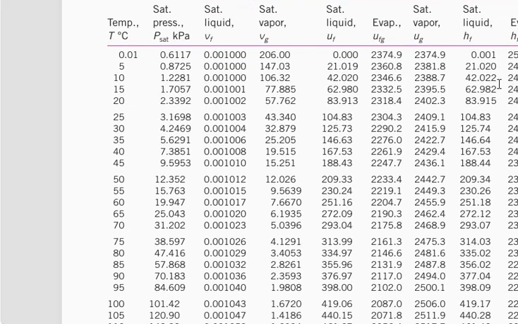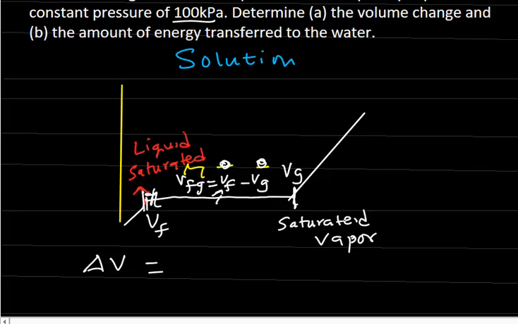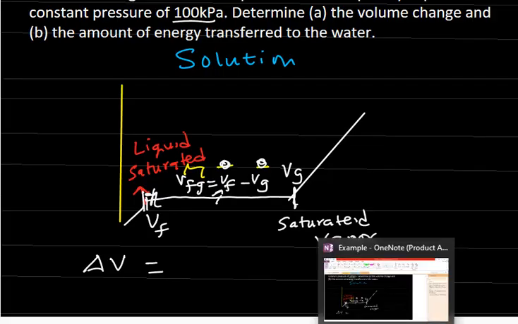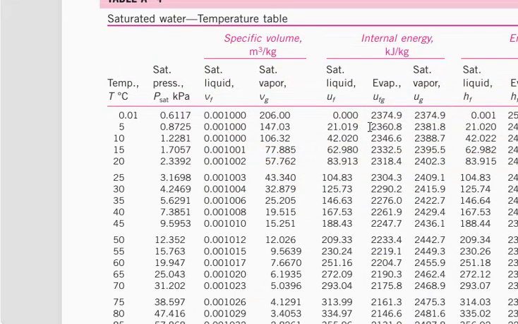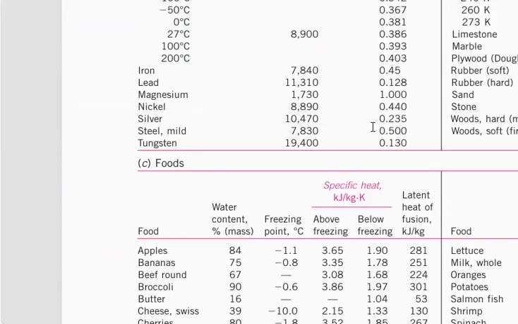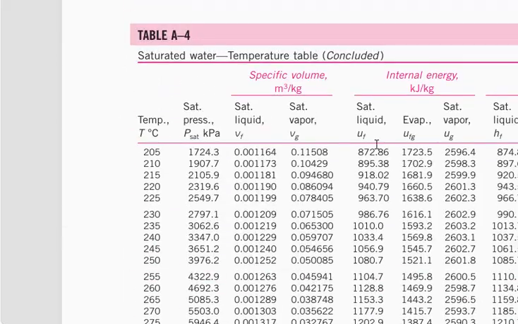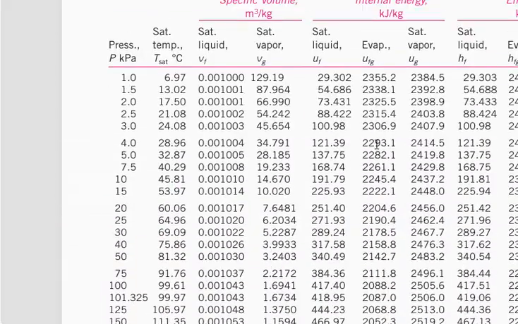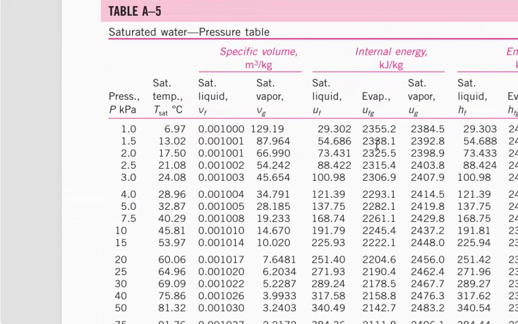All right, so here we go. What you're going to be using is the pressure table, not the temperature table. So we'll go to the pressure table. This is the temperature. All right, so here is the pressure table in English.